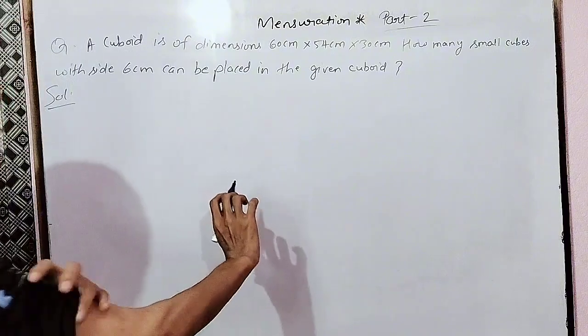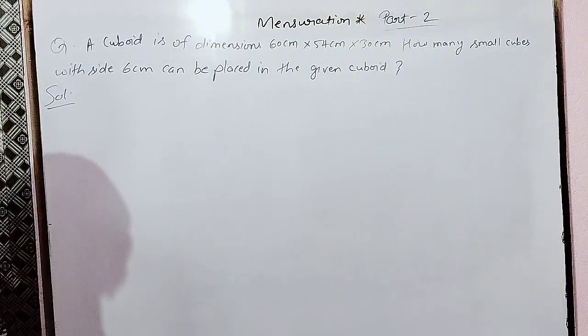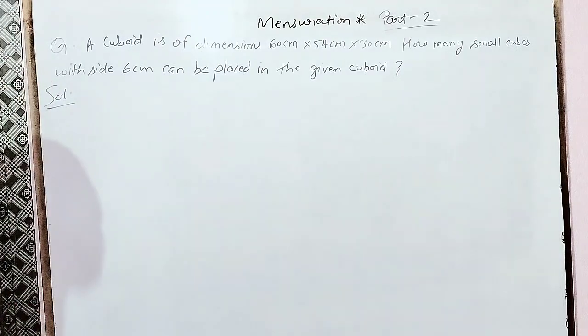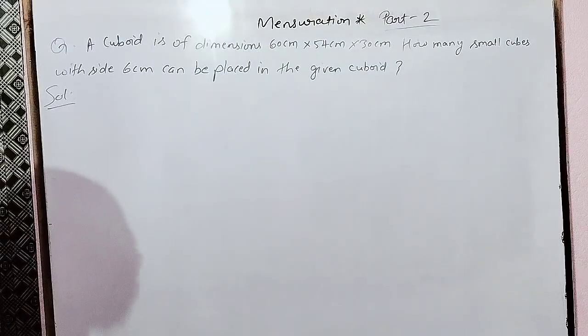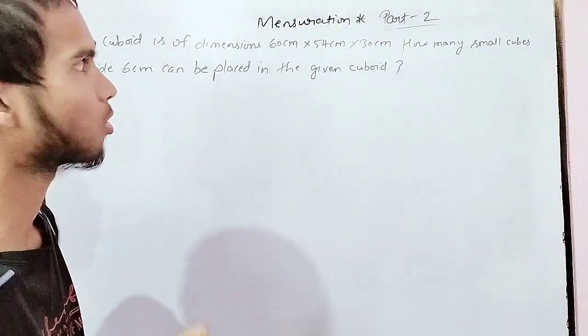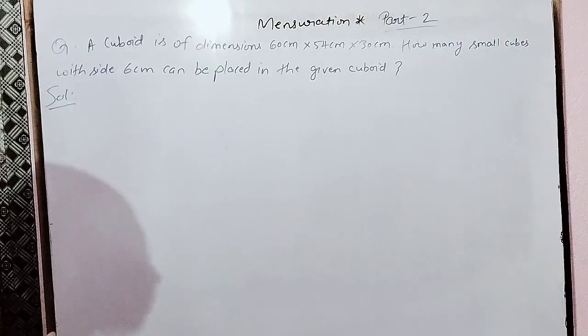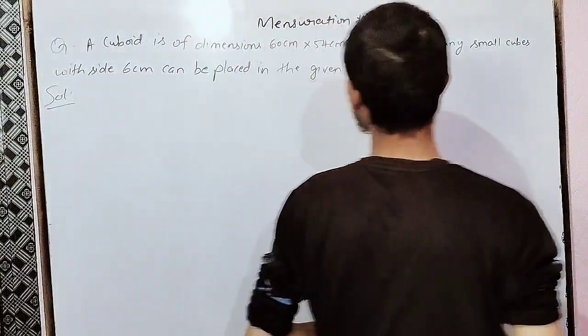There is a cuboid of dimensions L is 60 centimeter, B is 54 centimeter, H is 30 centimeter. How many small cubes with the side of 6 centimeter can be put in the given cuboid?